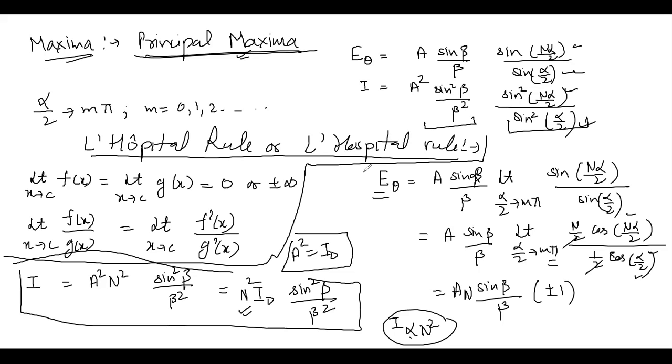So this is the expression for intensity. Now let's talk about the location of this principal maxima. These principal maxima are when your alpha by 2 is equal to m pi. So if I'm saying that alpha by 2 is equal to m pi, where m can have value 0, 1, 2 and so on. We defined beta as pi over lambda b sine theta, alpha as 2 pi by lambda into d sine theta.